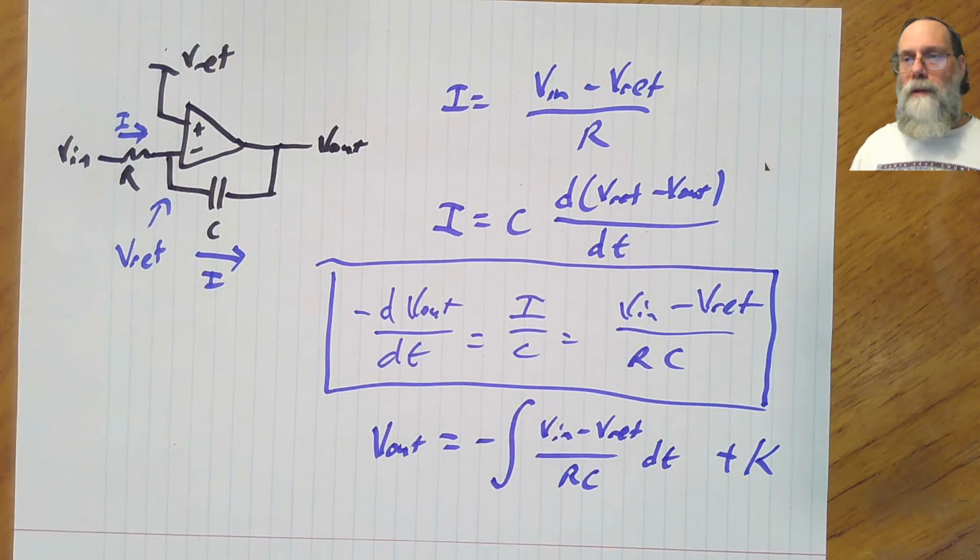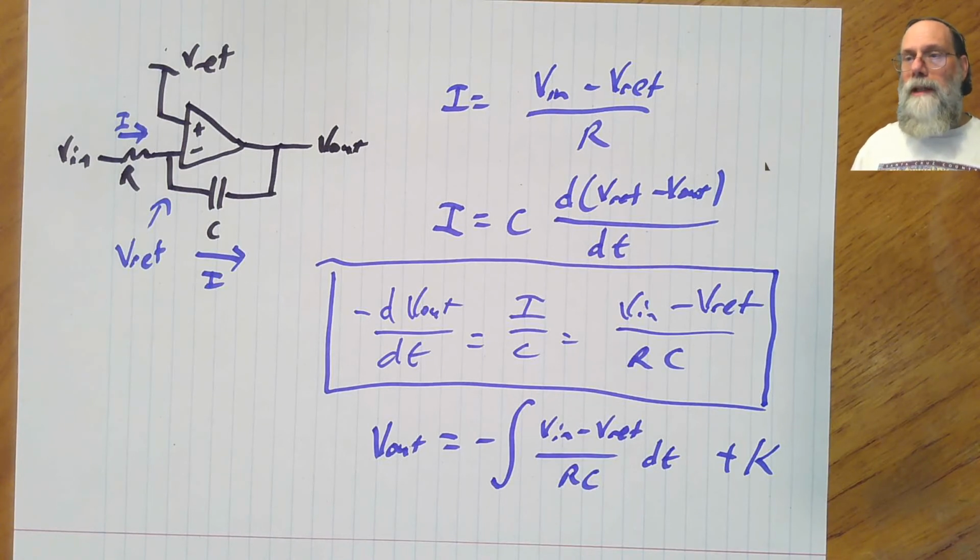Now, obviously, there are some little problems with this if you try to do this in the real world where you don't have perfect components. One is that Vout is limited to the voltage between the power rails, or whatever the output voltage range is for this particular op-amp. Once you get to the limits of the op-amp, you get clipping, and the thing stops having this nice integrating behavior.